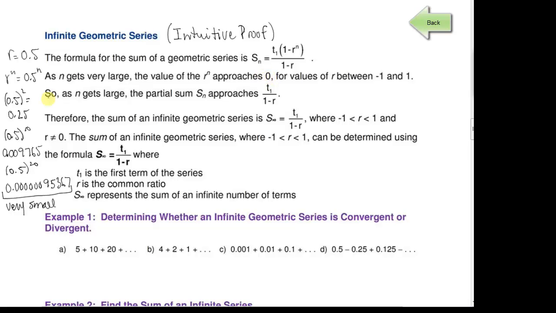So as n gets large, the partial sum s subscript n approaches t1 over 1 minus r. Why is that?